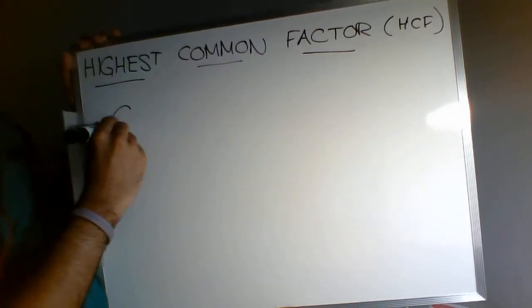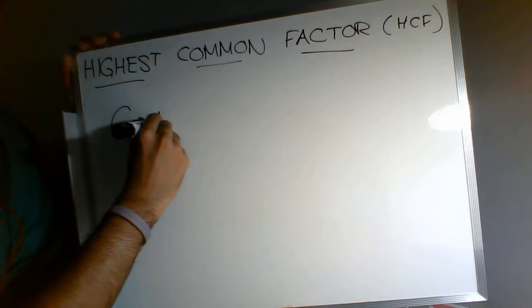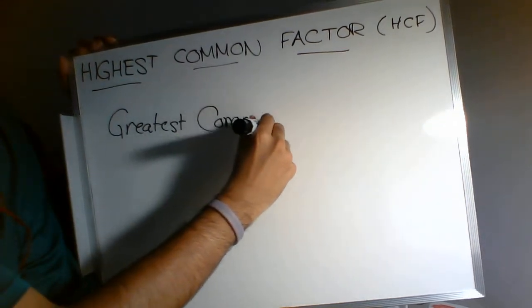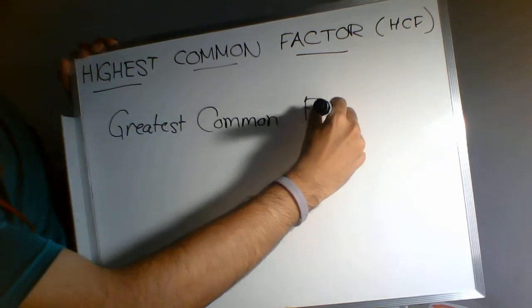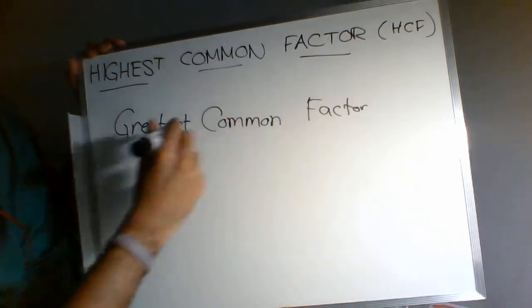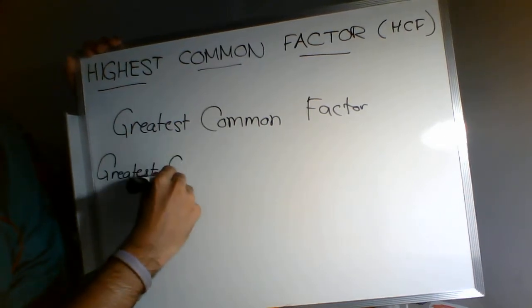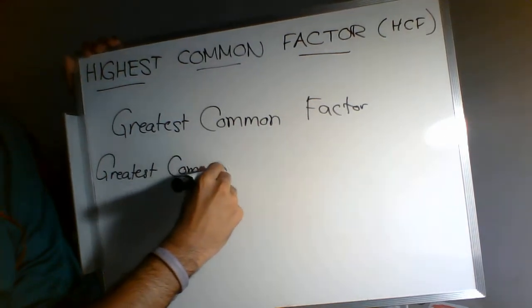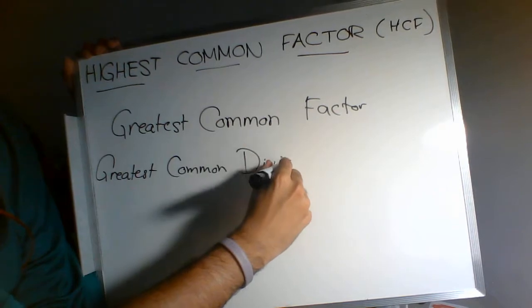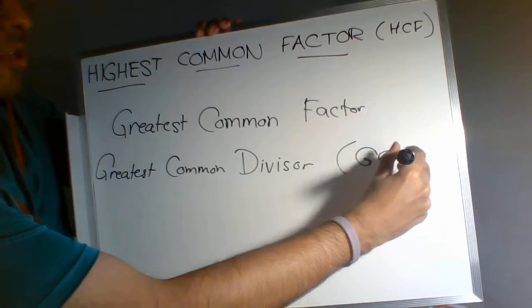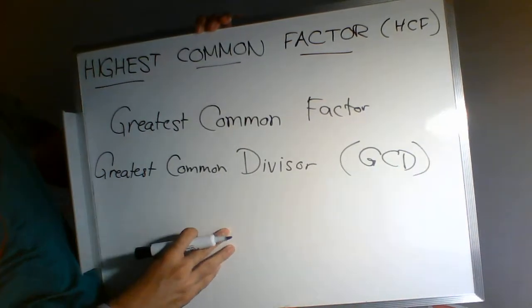You might also hear this referred to as greatest common factor, or the other name that I heard when I was in school was greatest common divisor. And so you might see me refer to it as GCD at times.